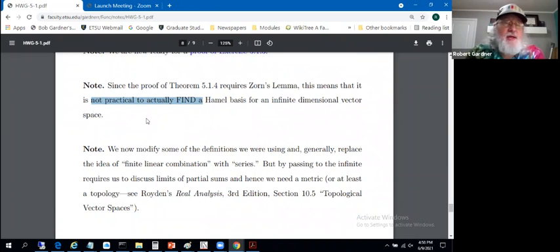We do a similar thing in measure theory, real analysis 1, where we use the axiom of choice to construct, quote unquote, a non-measurable set. Well, you use the axiom of choice to guarantee the existence of a non-measurable set. And because you use the axiom of choice, you got no clue what's in it. Same problem here. I have no idea how to build a Hamel basis.